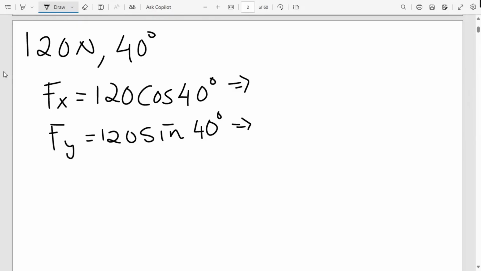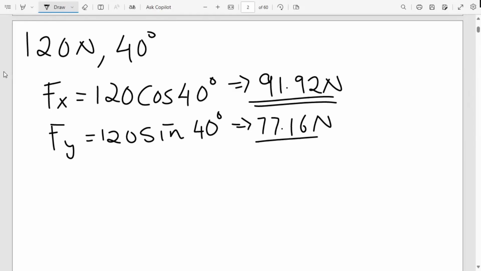I'm getting the x component as 91.92 newtons, whilst the y component is 77.160 newtons.